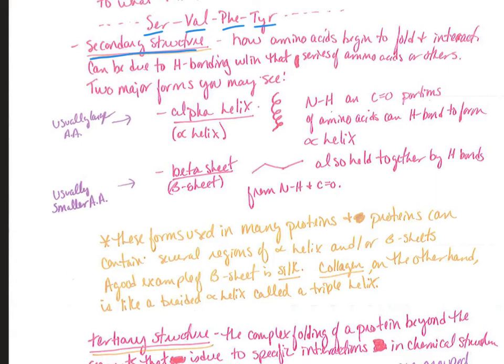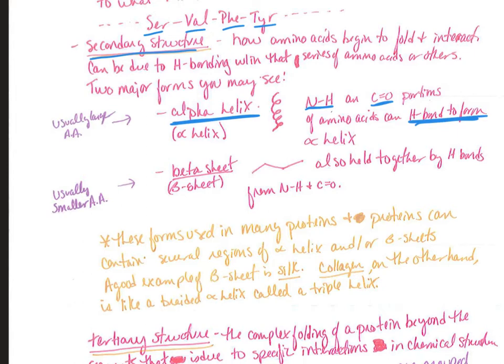Well, that would be one type of secondary structure. And in proteins, we call that an alpha helix. And alpha helices start where NH and CO portions of amino acids can hydrogen bond. That's what makes that happen. So hydrogen bonding makes this thing happen.